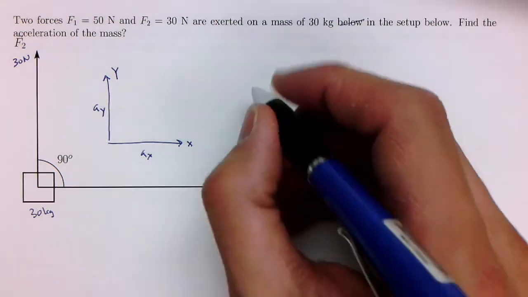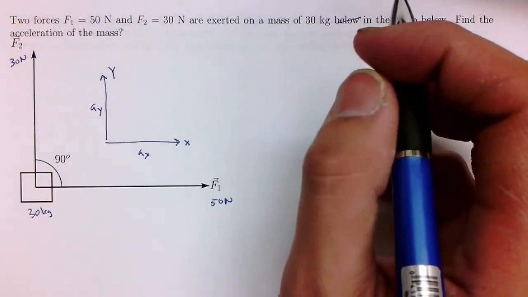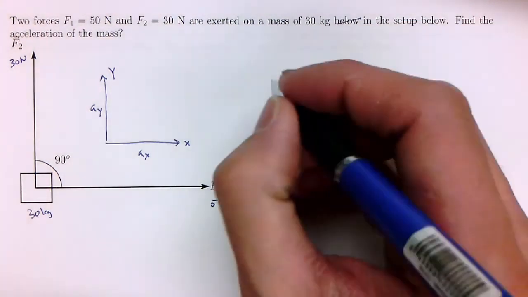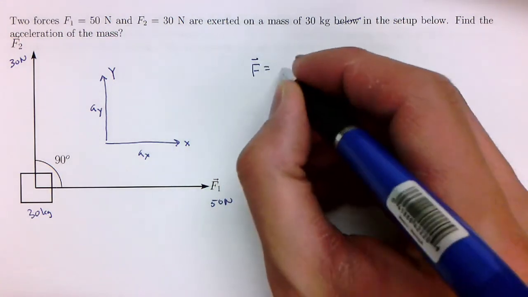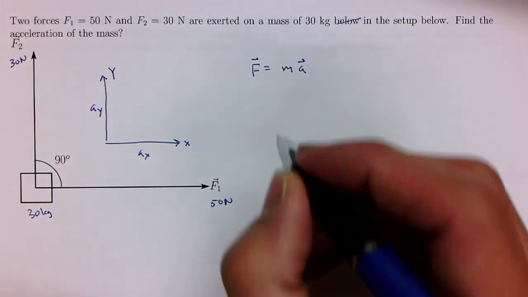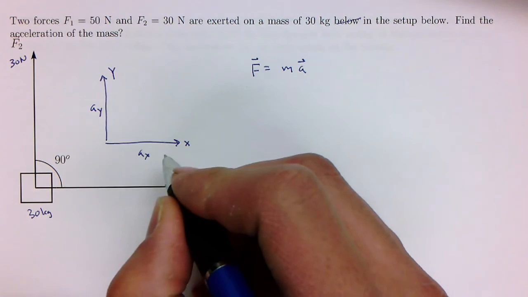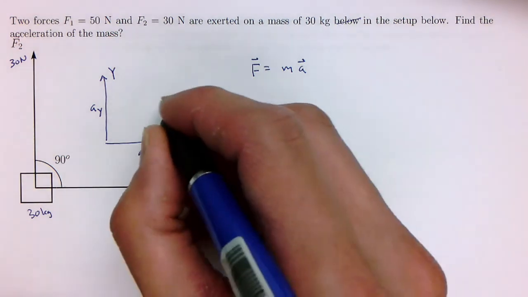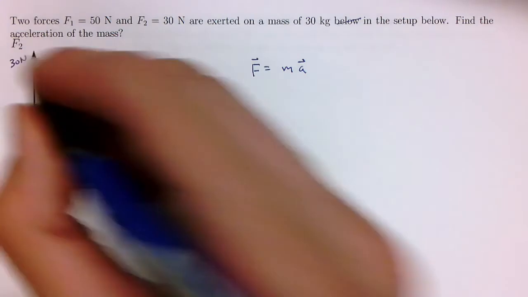Remember the equation of motion. Newton's law basically says the force is equal to the mass times the acceleration. Now the force consists of two components. The force in this case has a component along the x direction and a component along the y direction.